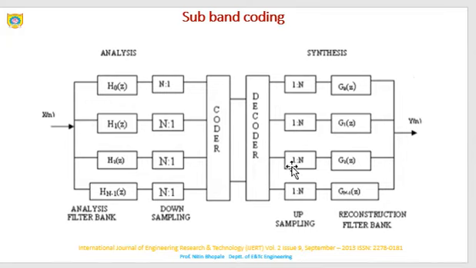At the synthesis, whatever output we got from the analysis will be decoded. Then upsampling is done, exactly reverse to that of the analysis. Once it is done, the reconstructor block or filter bank is applied to get the original sequence.